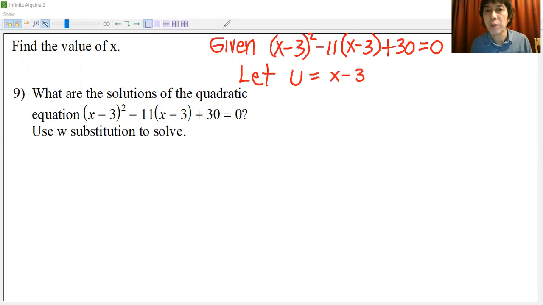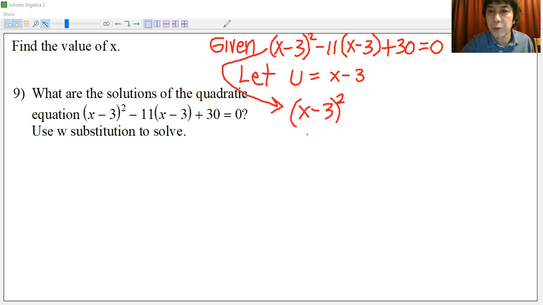And so our equation will become, looking at the given, that x minus 3 squared will become u squared. And then to continue, this is minus 11 times x minus 3.